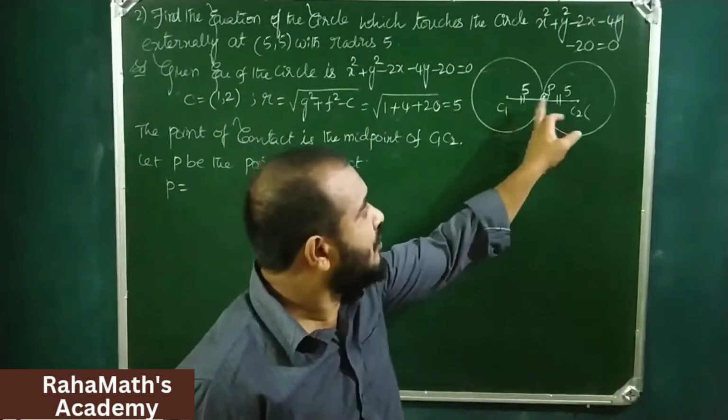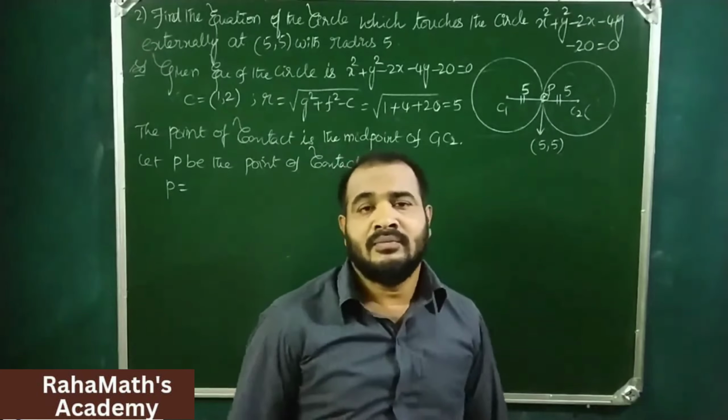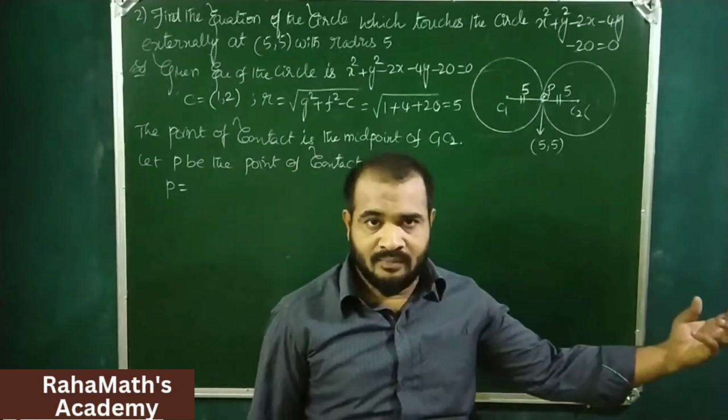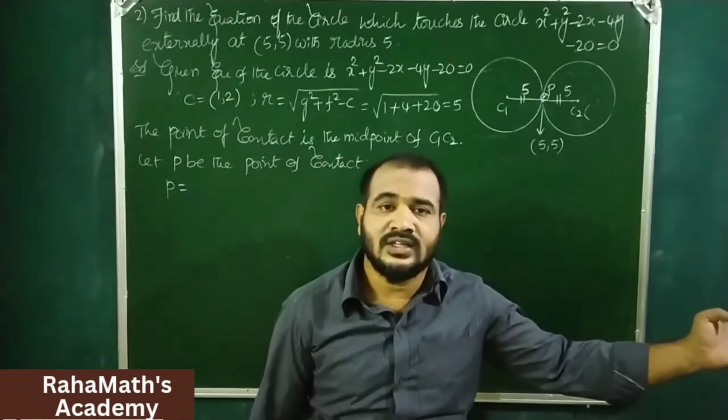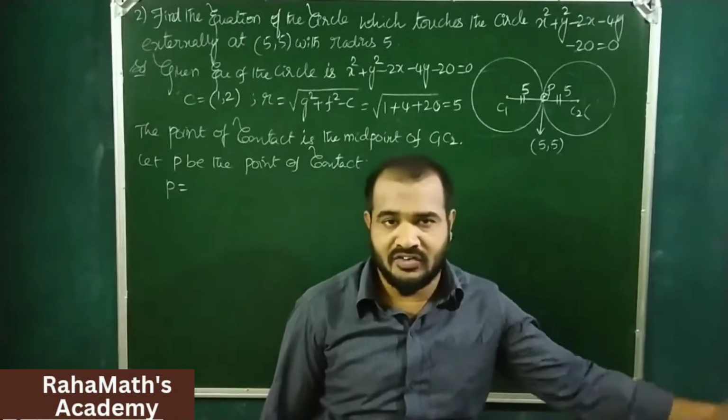Here R1 and R2 are equal, so the internal center of similitude will become the midpoint itself.